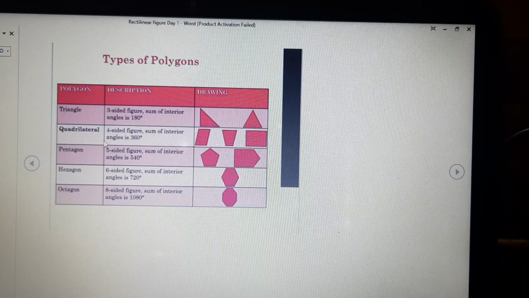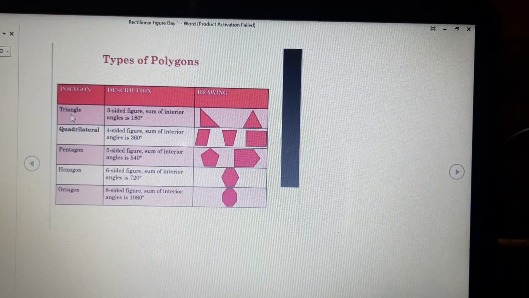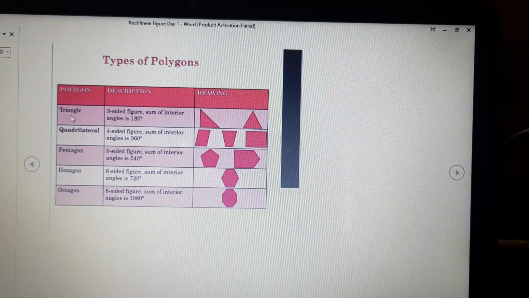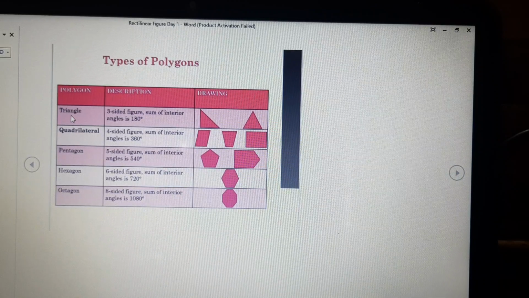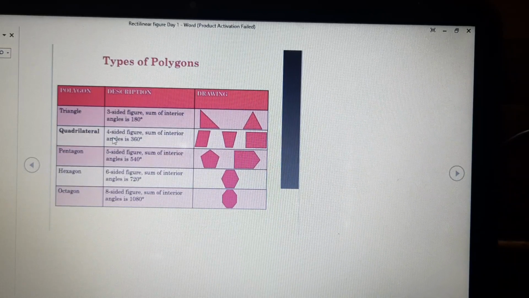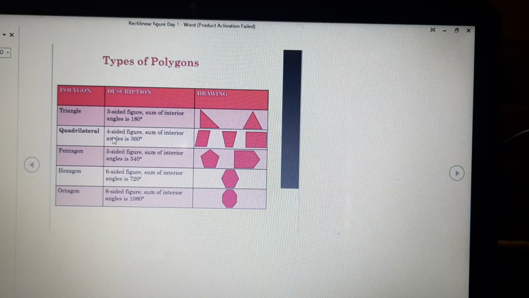If we have a triangle, then we will have a three-sided figure with three interior angles and three exterior angles. The sum of all three interior angles will be 180 degrees. Likewise, a quadrilateral has four interior angles as well as four exterior angles.